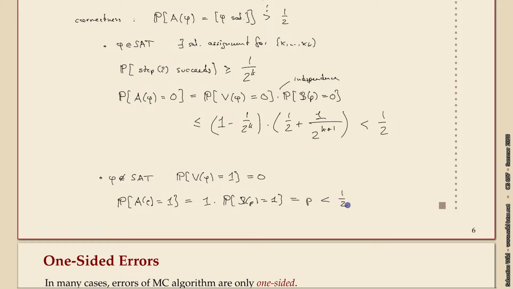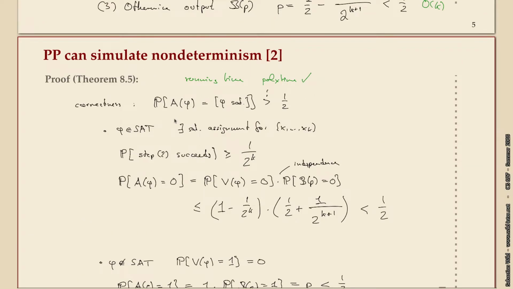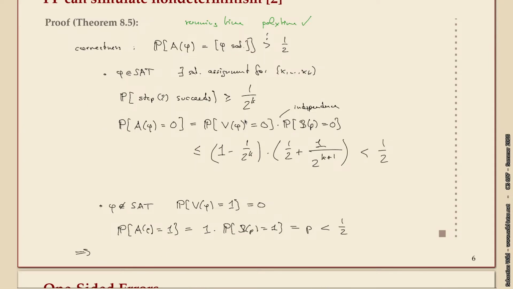So again, the probability that we output the wrong result is less than 1/2 in both cases, which means the overall claim is shown, namely the probability that we output the right thing is more than 1/2.